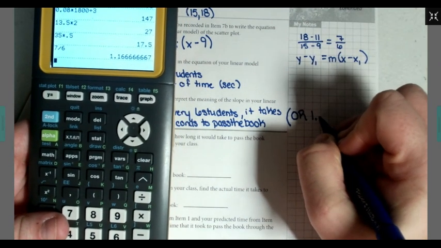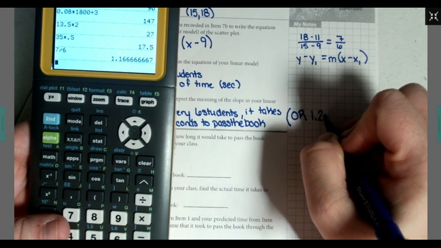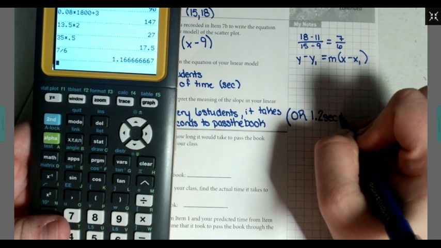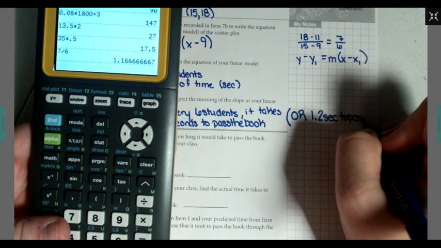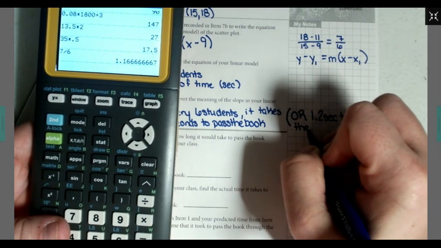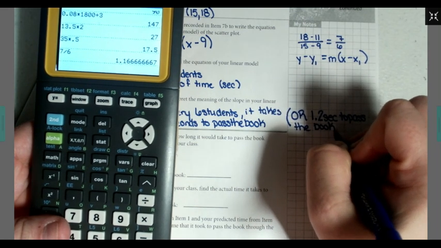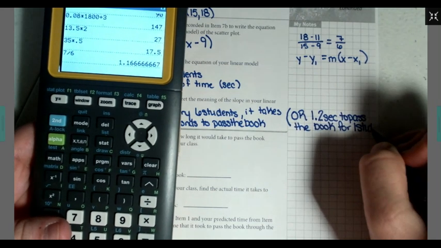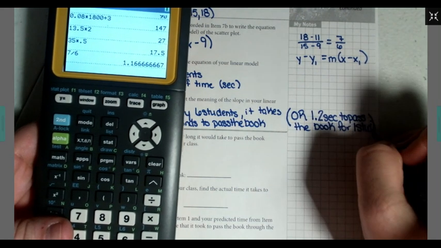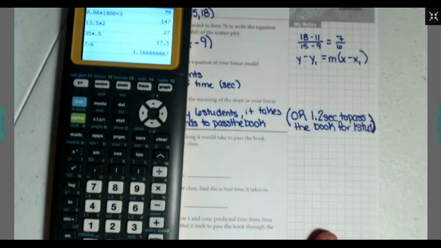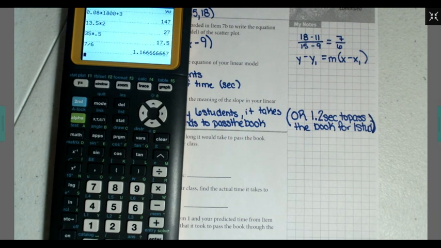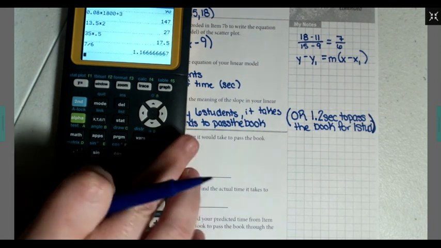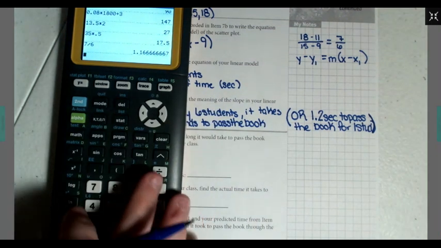So it takes about 1.2 seconds to pass the book for one student. So it's either 6 students, it takes 7 seconds, or about 1.2 seconds per student whenever I do the division.